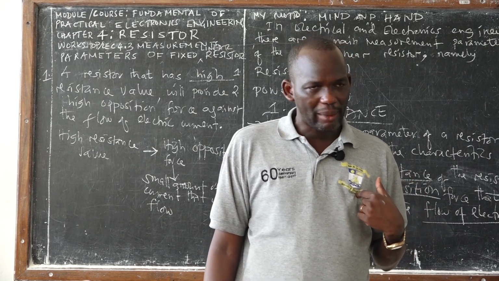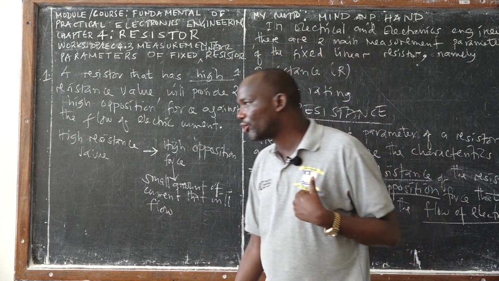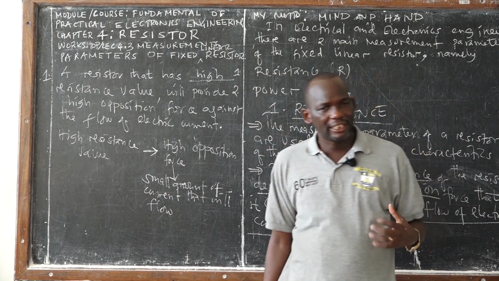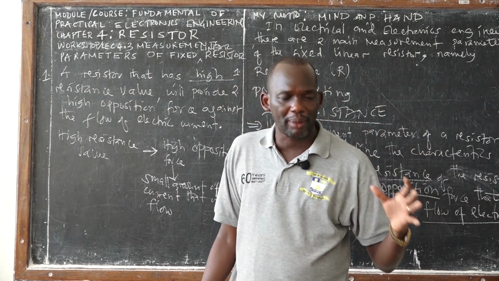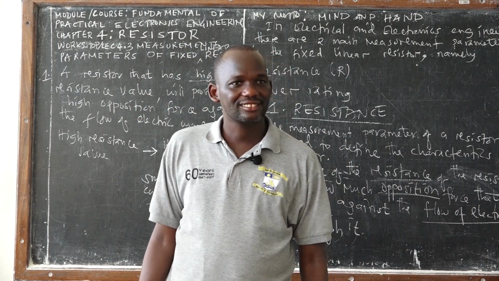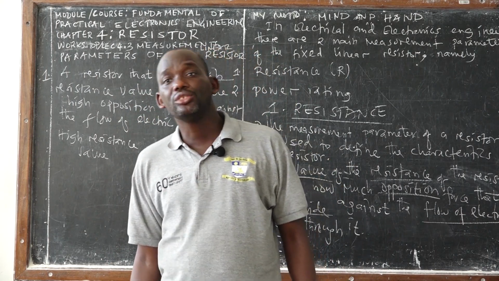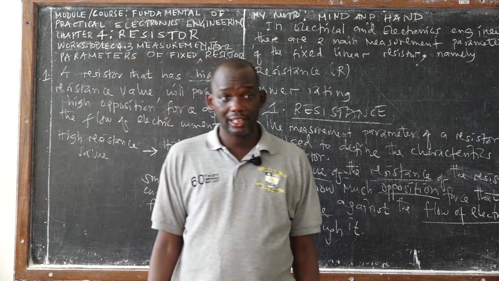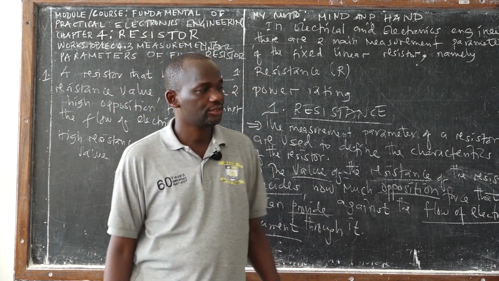If there is a high opposition force against the flow of electric current, the amount of current passing through that resistor will be less. Are we together? Is it clear? Good.